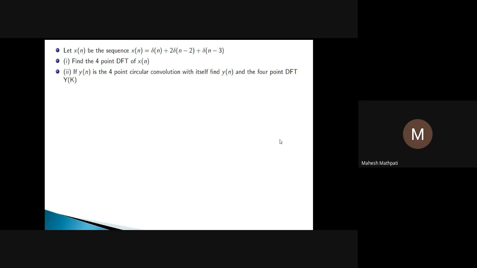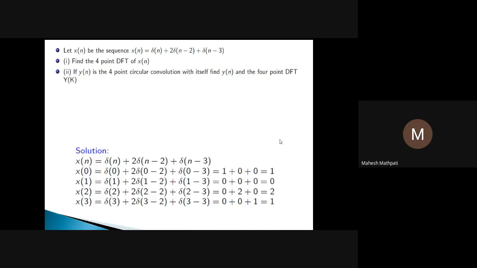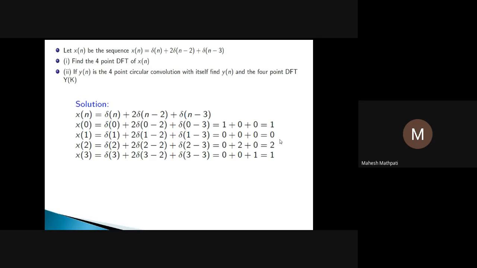Understood? Any confusion here? No, sir. The sequence we have generated is x of n equals 1, 0, 2, 1. These are the steps given already.